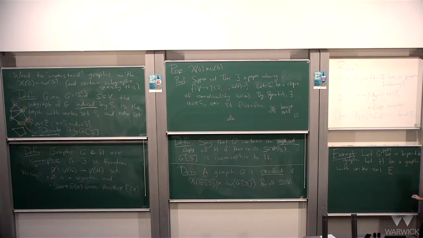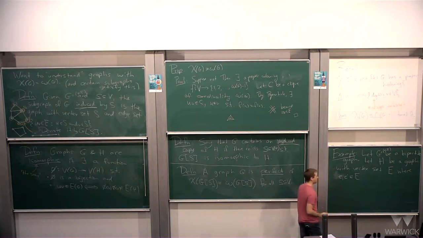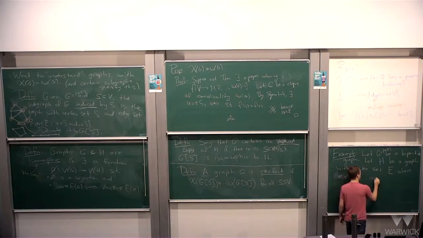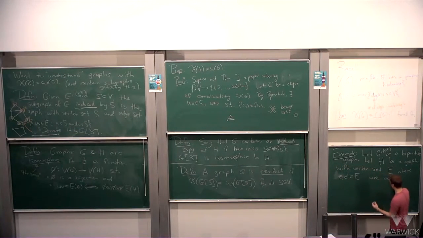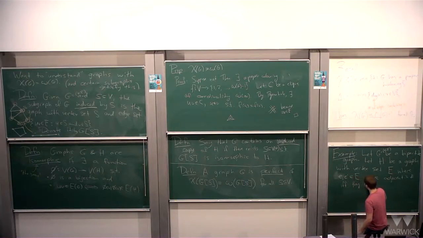right? Where if I take 2 elements of E, they are adjacent, meaning they're joined with an edge in H, if and only if they are disjoint.